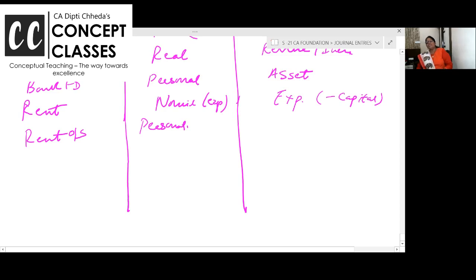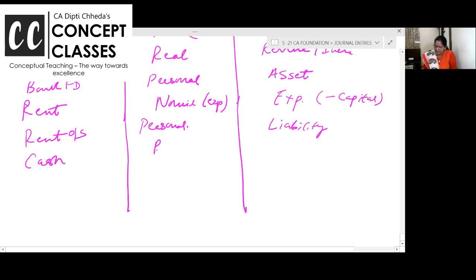To be very precise, we can call it a representative personal account. I have to pay rent to Mr. Ghanshyam, but instead of writing his name, I am writing outstanding rent. Is it a personal account? Yes, right. And in the modern approach, it's a liability. With your creditors and all, you will create a liability.